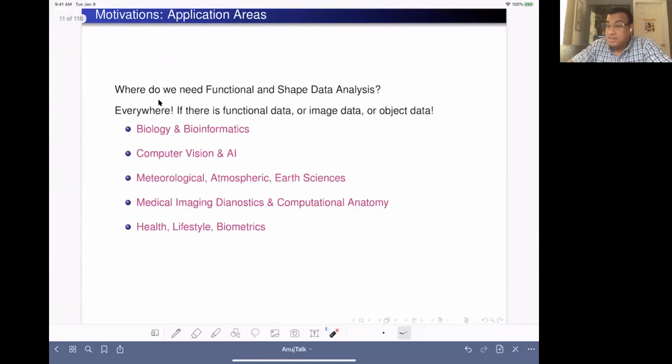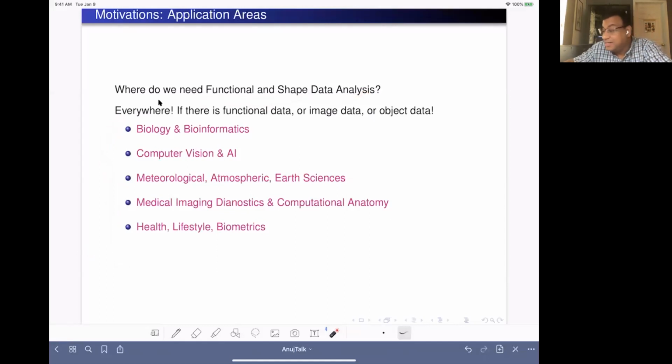All right, so this is a little bit about shape analysis, the history of functional data analysis, and how people studied shapes earlier. Where do we need functional and shape data analysis? Well, because I work in this area, I see their use everywhere. Maybe it's a biased opinion, but wherever you have any kind of image data, object data, or functional data, you need it.